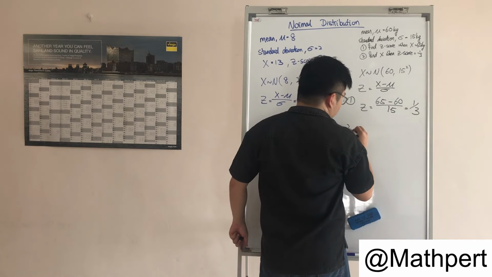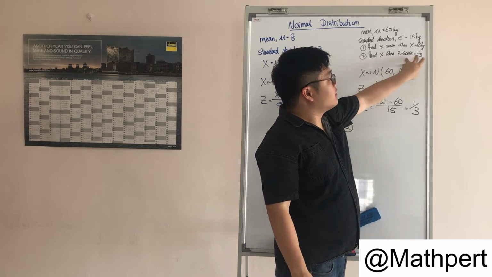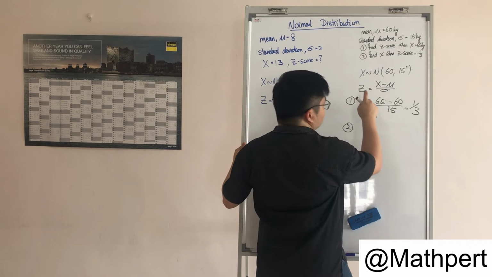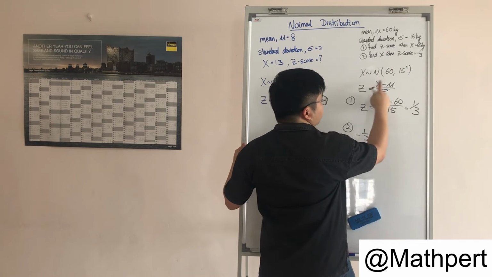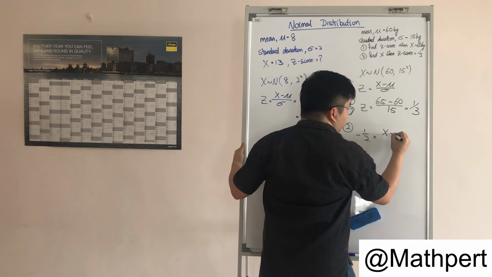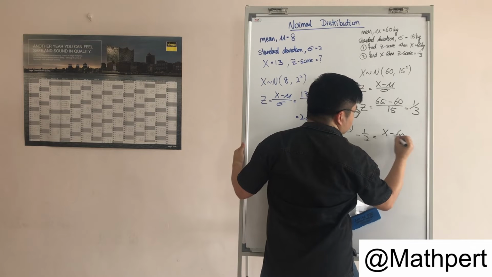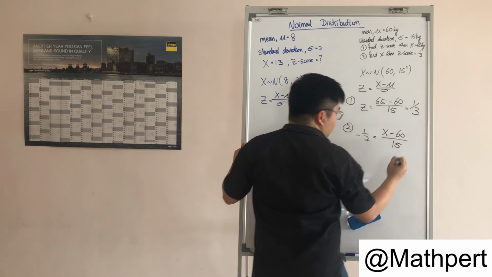Then, the second part of the question: find X when the Z score is negative 1 over 2. So Z is negative 1 over 2. X, we don't know, we are asked to find. X minus the mean 60, over the standard deviation 15.